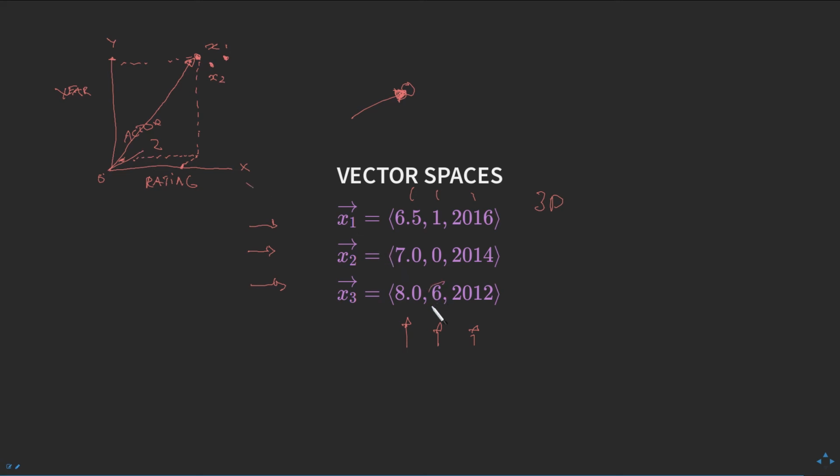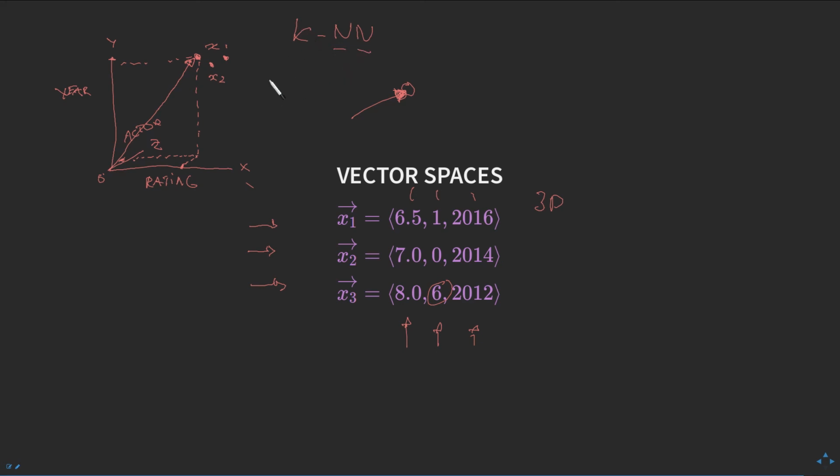Because we have 6 here for the actor, which is our z-axis, so it will be further to the back than these. Now this sense of distance within this vector space is something we can very much use when doing classification. And one of the things I can already hint at is that one of the algorithms that actually uses distance to classify is kNN, or k nearest neighbors.